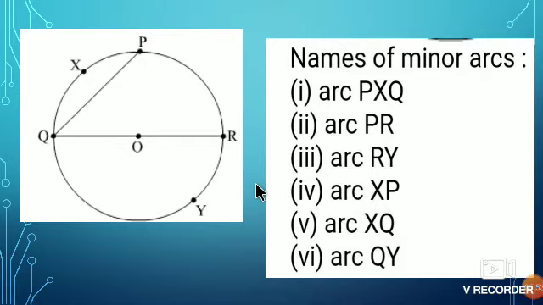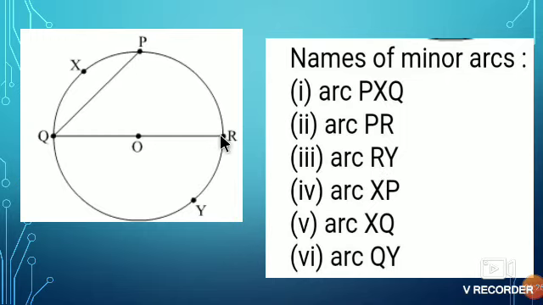From problem set 43, question number 2. Write the names of the arcs from the given figure. Names of the minor arcs. Here, if the end points are Q and P, we can write the name of the arc as PXQ or QYP or PRQ, or you can write the name with 2 points also, arc PR.